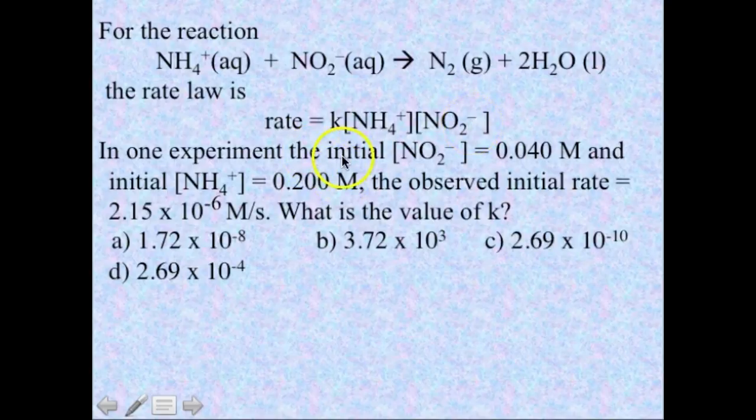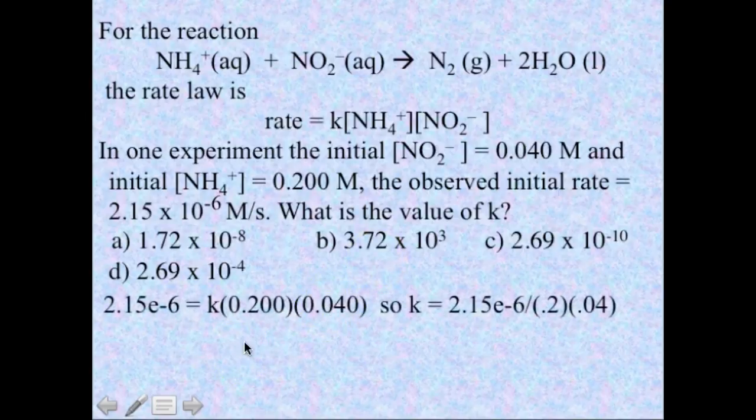And in one experiment, the initial nitrite ion concentration was 0.04 molar, and the initial ammonium ion was 0.2 molar, and the observed initial rate was 2.15 times 10 to the minus 6 molar per second. What is the value of K? So all you need to do is plug these values into the rate equation and solve for K. Put your playback on pause, do it, and see if you can come up with the answer.